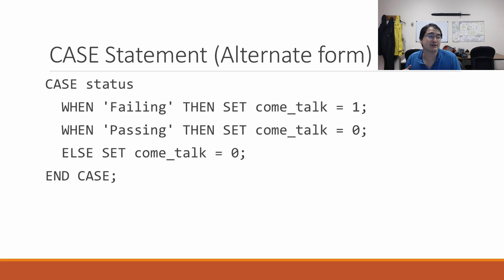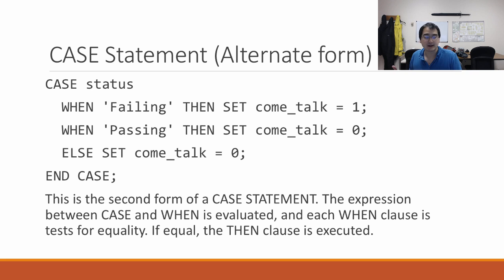So this is basically an easier way of writing the previous one when you just need to test for equality. They both work very similarly, they just have slightly different forms depending on what's more useful. If you just need to test equality, this form is a lot easier to read, but if you need to do more complicated Boolean logic, then the other type of case statement is more useful.